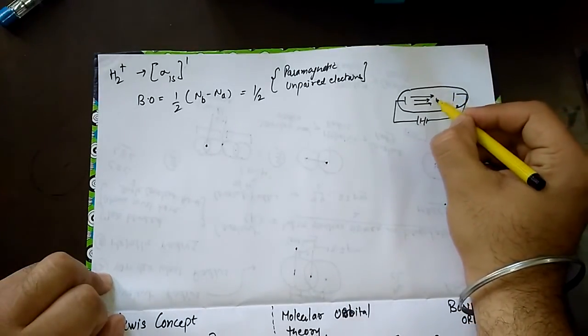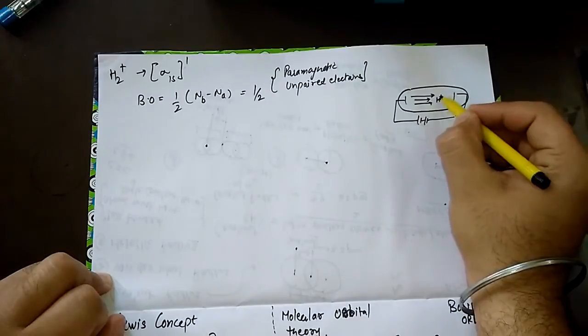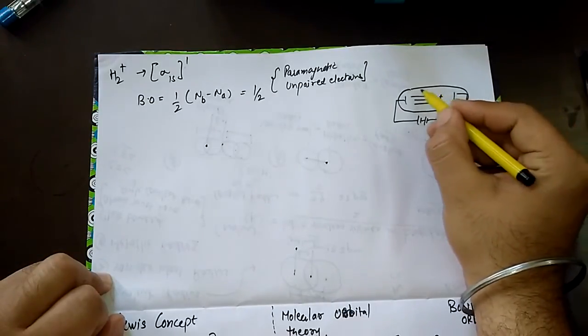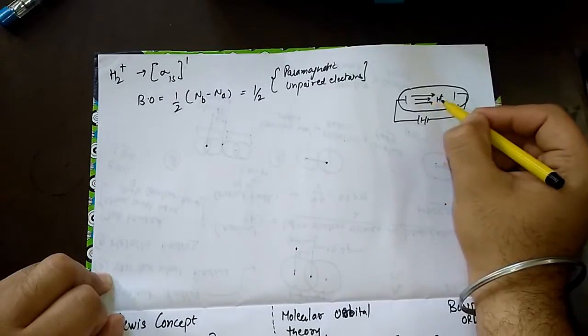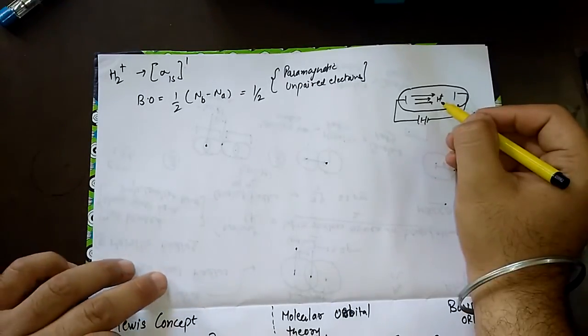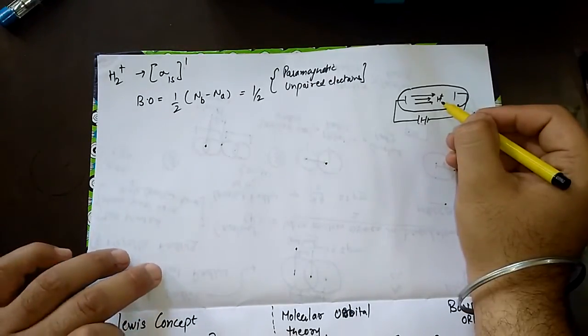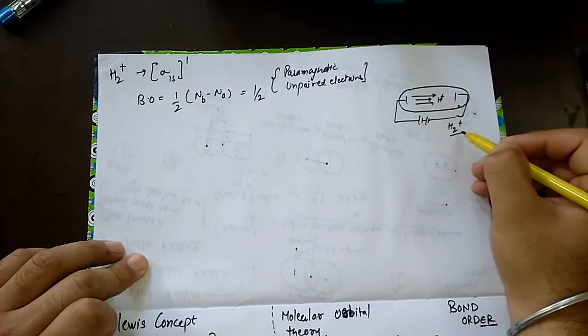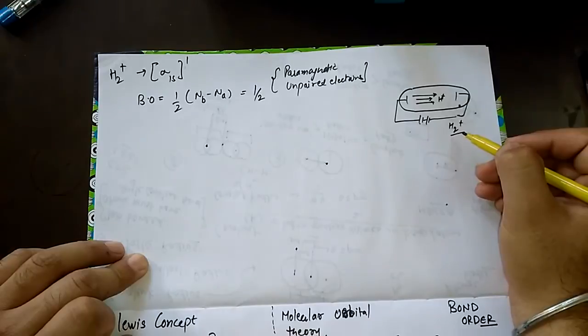There was a formation of H plus ions, that is, loss of electrons. This light is the cause of electrons. So the MOT theory has verified that H2 plus ions exist in real life.